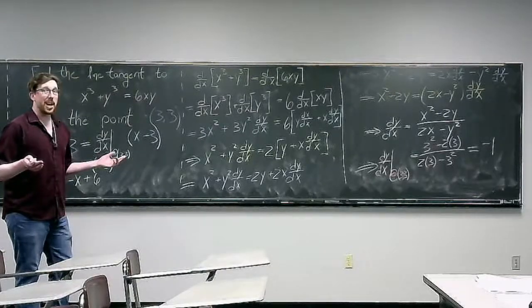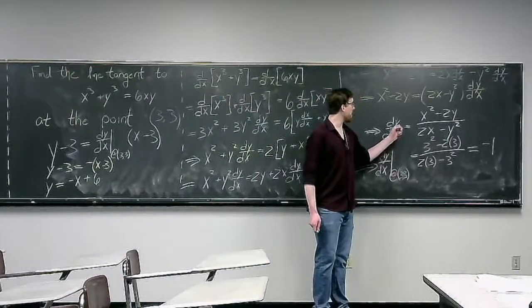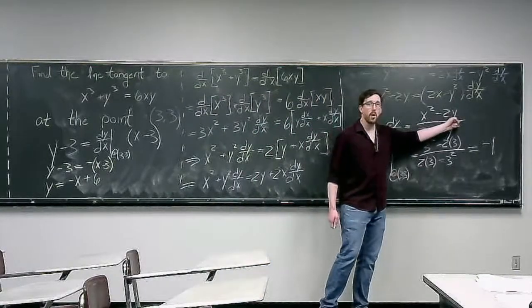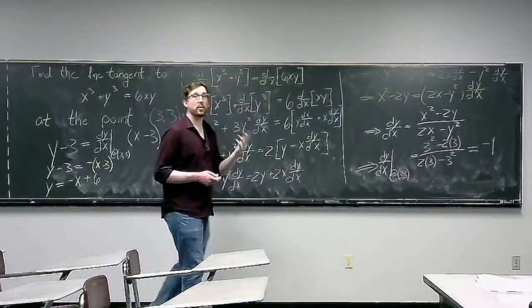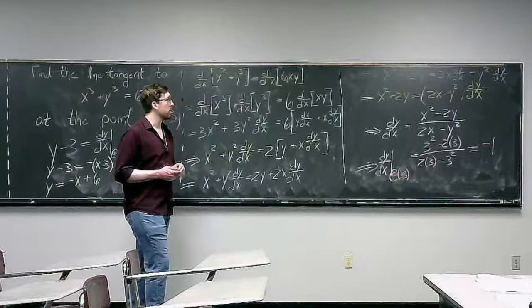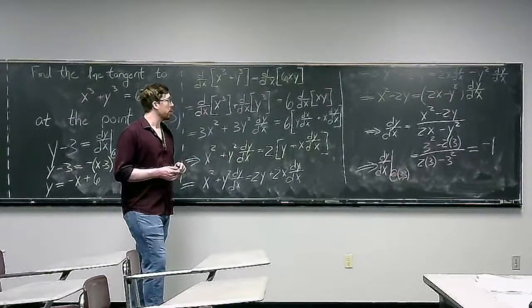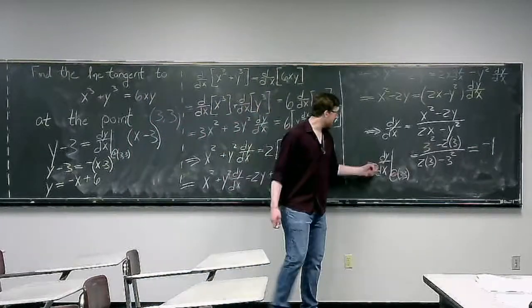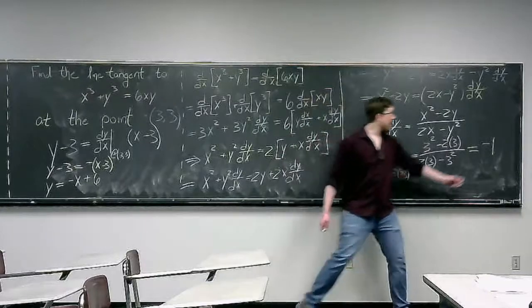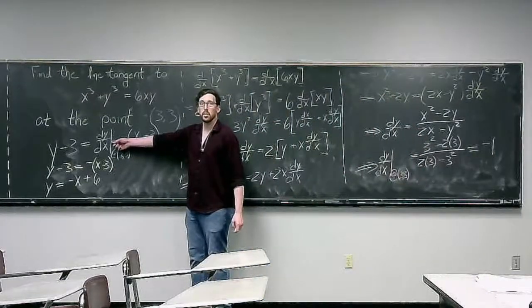And once I do that, I get an equation that tells me what dy/dx is in terms of x and y. And luckily, I know what my x and y points are. It's (3, 3), right? And because I know that, I can find out what dy/dx is at that point. It's negative 1. And I can plug it back into this.